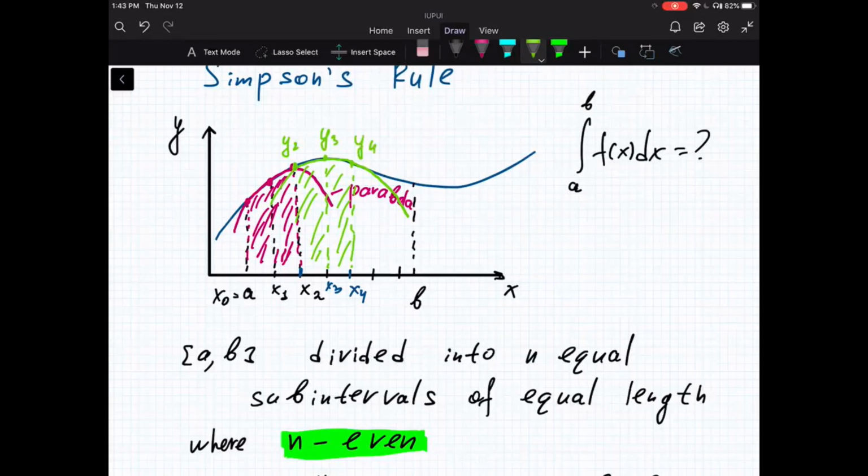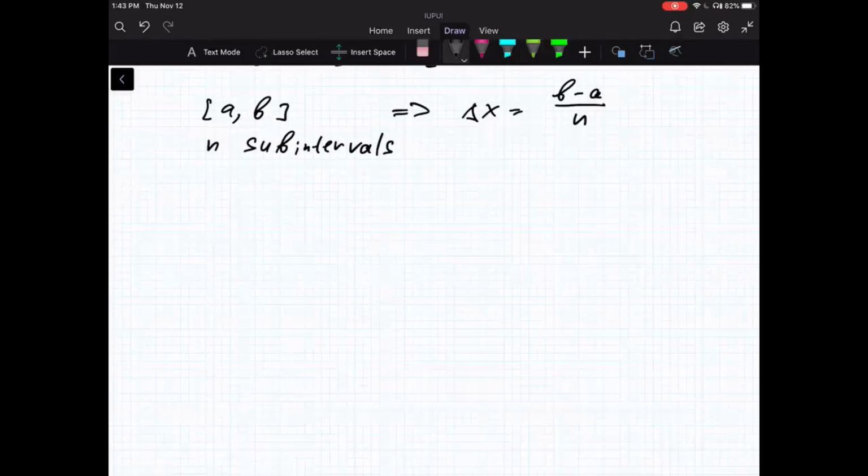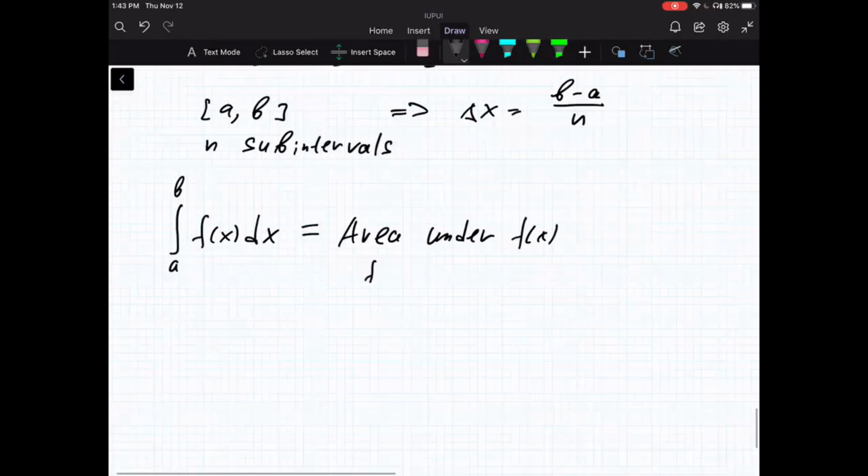And you keep going. So what will you get? Our integral from a to b of f of x dx, which is the same as the area under the curve f of x from a to b, can thus be approximated by the areas of these parabolas.